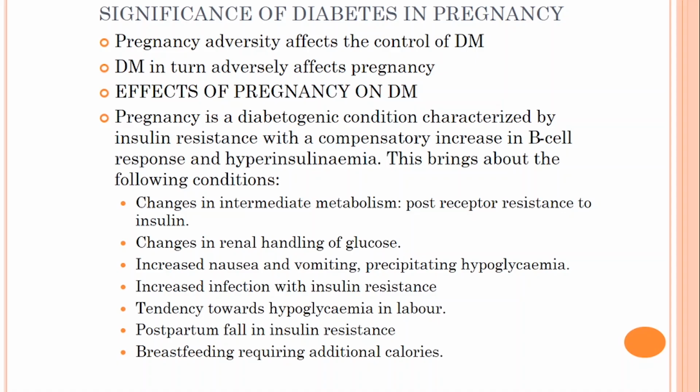In pregnancy, there tends to be nausea and vomiting in about 50%, precipitating hypoglycemia. So hypoglycemia is more likely, especially for patients on insulin who are having nausea and vomiting.